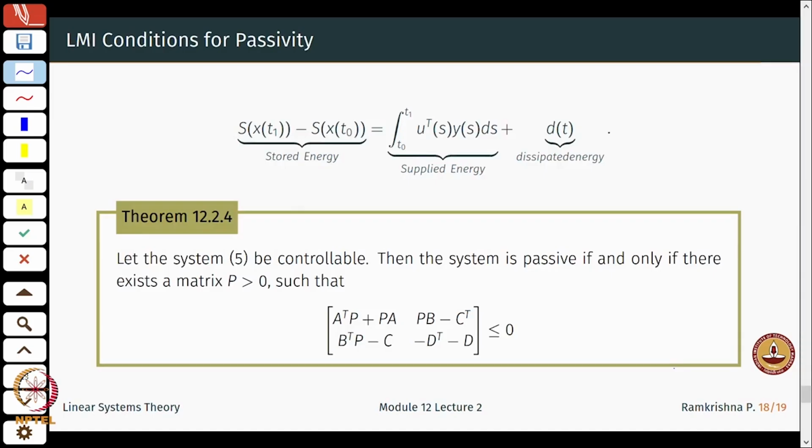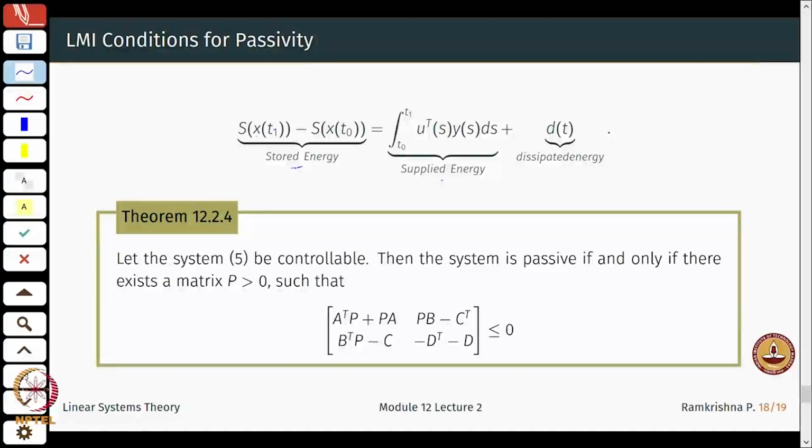So, what is the interpretation of this? S at t1 minus S at t0, the stored energy or the rate of change of energy, is equal to the supplied energy plus the dissipated energy. That is what any physical system would obey. It is just the simple law of conservation of energy.